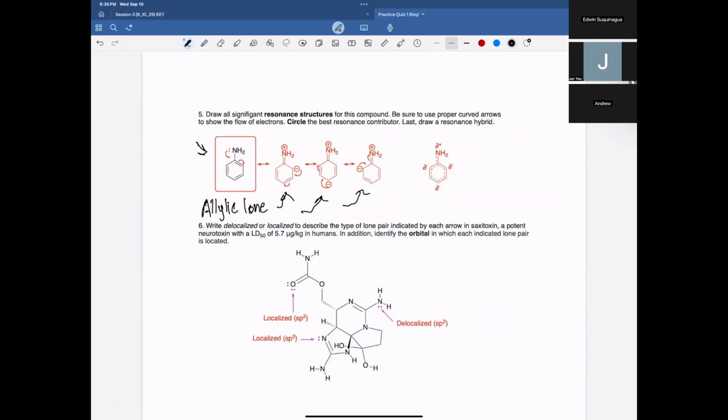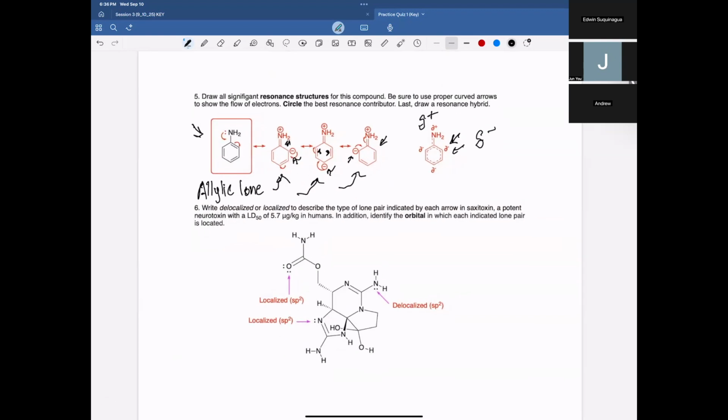Then for the resonance, you draw dotted lines where bonds sometimes are and sometimes aren't. We see that this bond is not always there, because it's not there in this molecule. Same for this bond. Basically, you draw dotted lines everywhere there used to be a bond. And where there was a negative charge at one point, you use this symbol right here, just like that. Same thing for the positive.